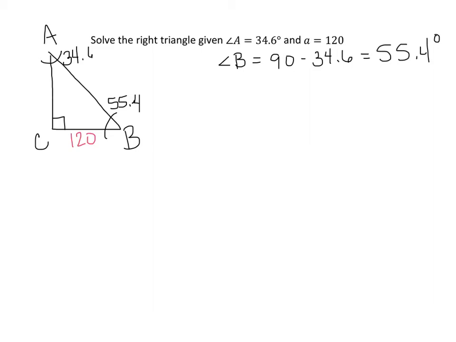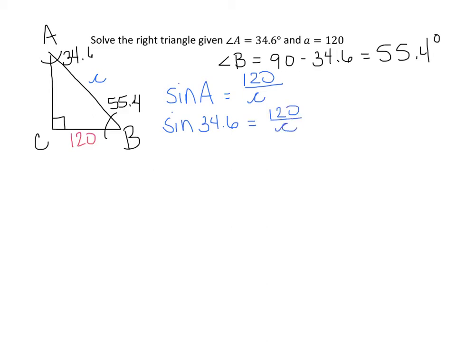So, I know that the sine of A will be 120 over the hypotenuse. Well, A is 34.6, so I take the sine of 34.6, set that equal to 120 over C. Now all I have to do is solve for C. Remember your algebra.